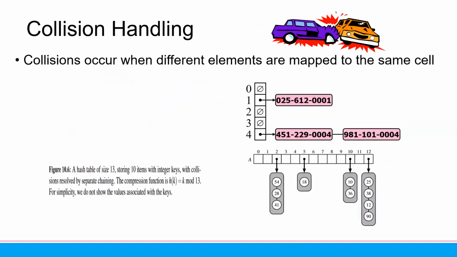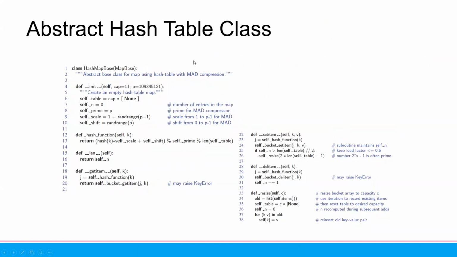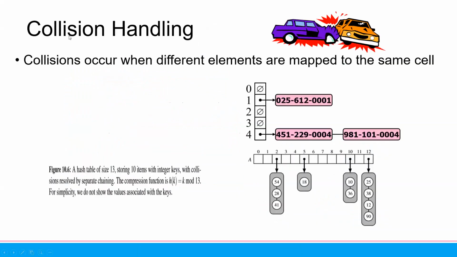When you do this kind of mapping, there might be a collision. Do you know collision? Yeah, like a crash, or an accident.